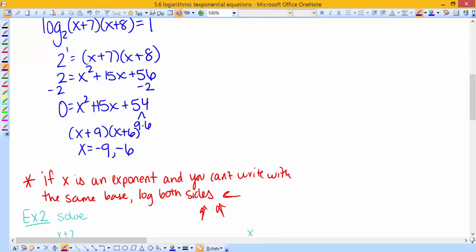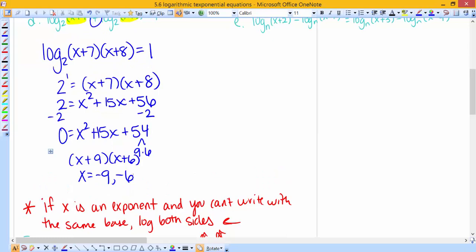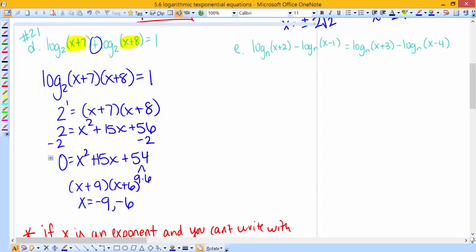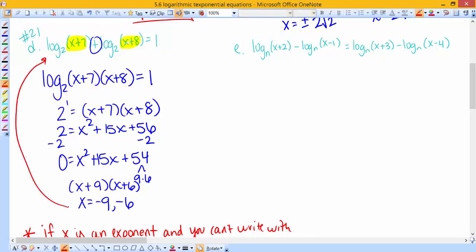Now, I'm excited. I finished, but I haven't finished because I haven't checked my solution back. I have to check both negative 9 and negative 6 into both of the x's. So I'm going to come back here. Let me change my color so you can see the checking part. So I have to check.